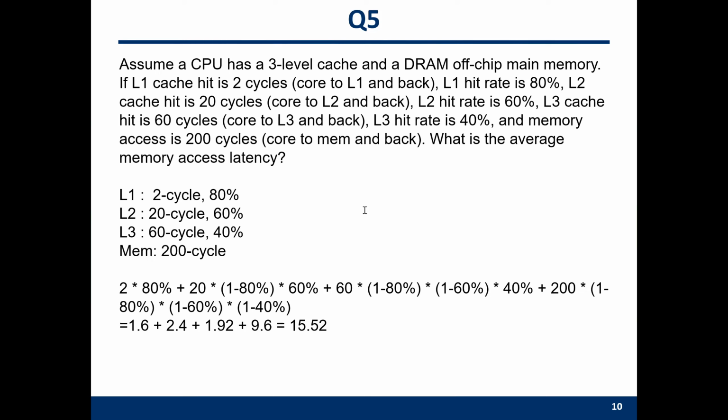So in this 40%, 40% will hit in the L3. The other 60% will go to the DRAM. So you can see that the first line will go to L1, the second line will go to L2, the third line will go to L3, and the last line will go to DRAM.